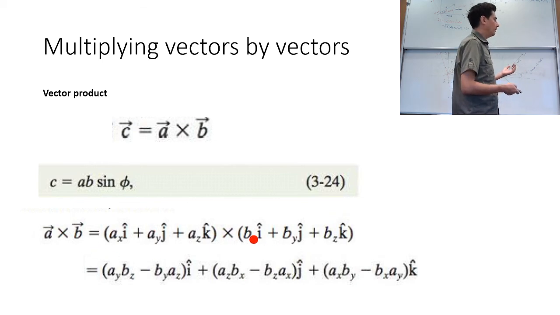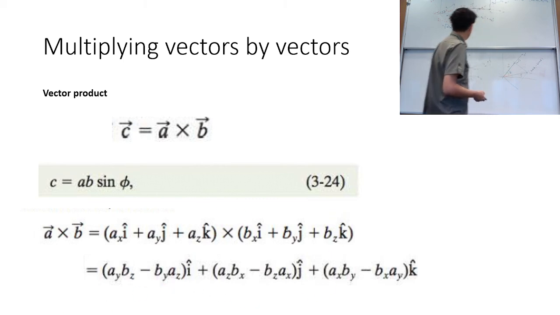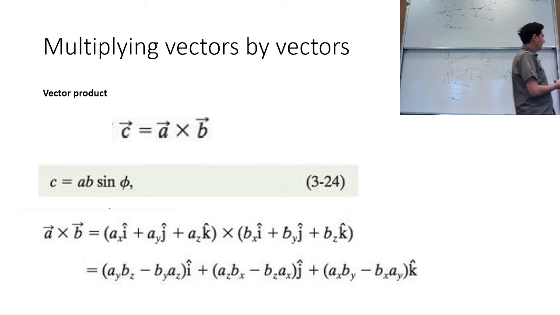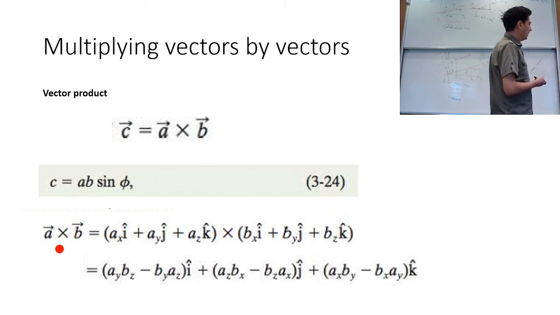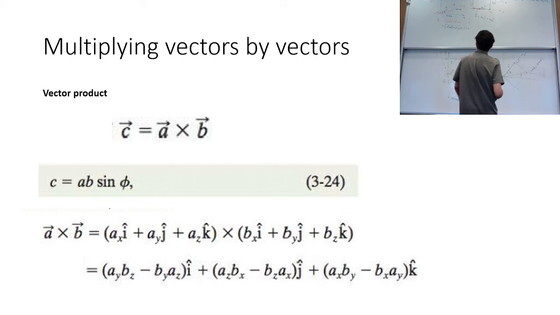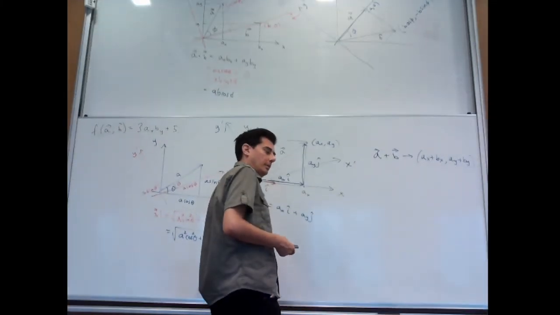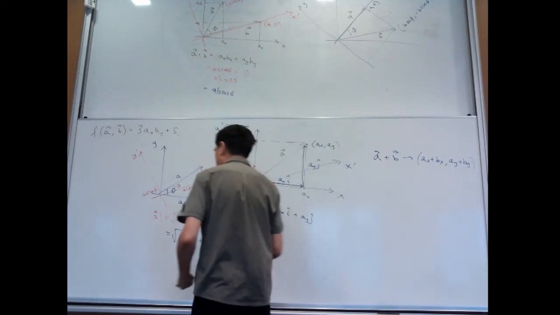And so, you know, this looks like a horrible formula. So what's the rule? Okay, so let's look at it. So it's defined like this. Yes, and you need to work in 3 dimensions for this one.